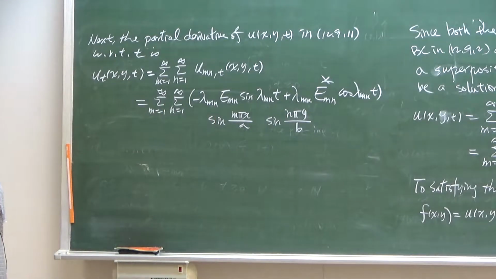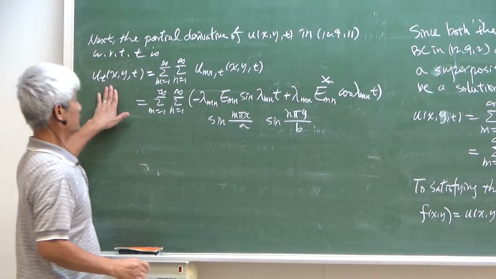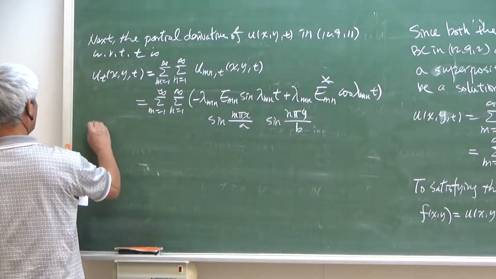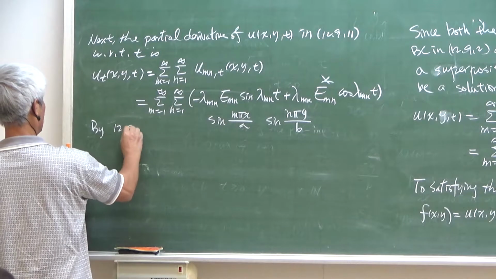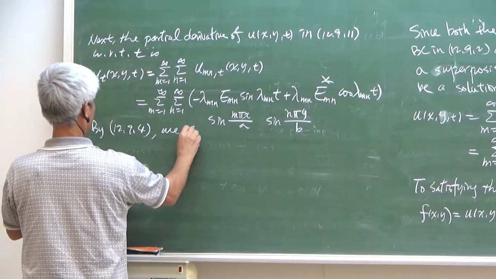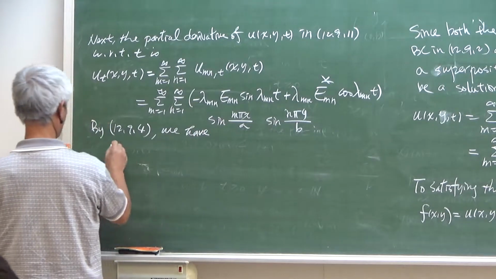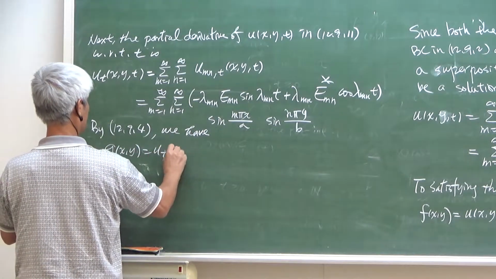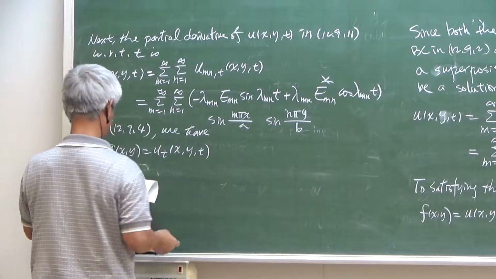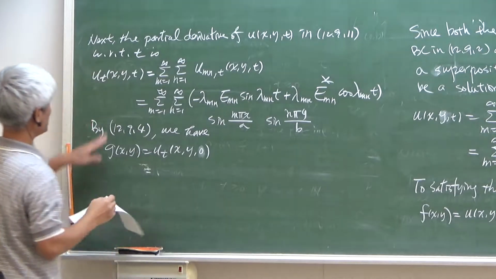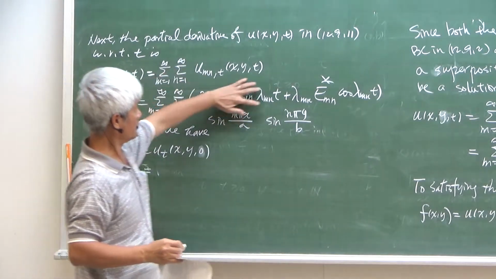So this is our velocity, and by 12.9.4 the initial velocity is g(x, y) equal to u_t(x, y, 0). When we put 0 here, this term disappears.